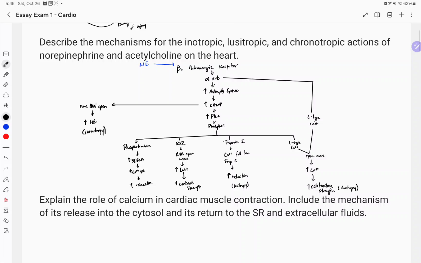And so norepinephrine in general is going to have the effect of increasing heart rate and all that good stuff. Acetylcholine will have the opposite effect, slowing down and decreasing heart rate.